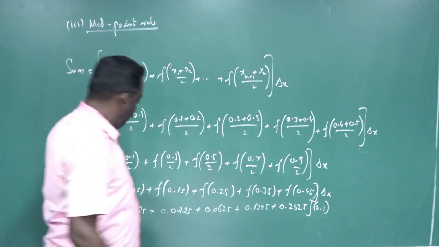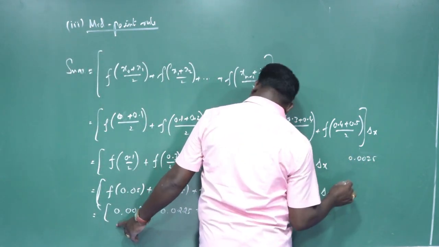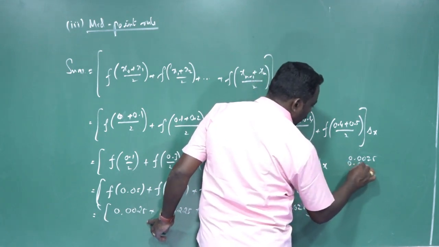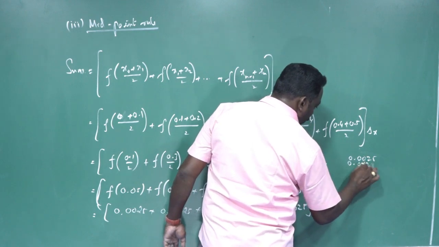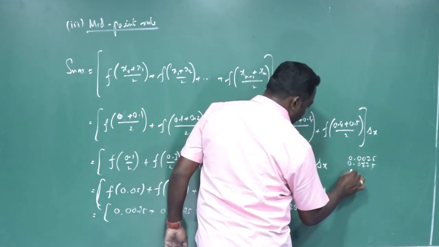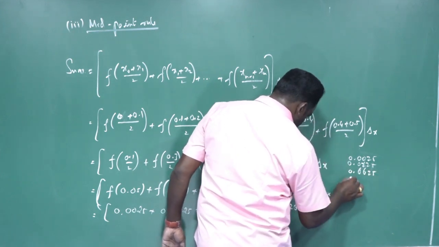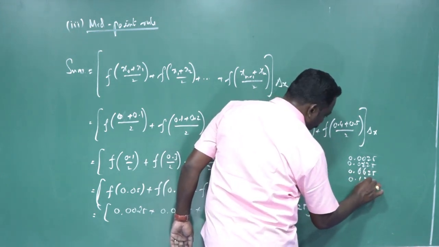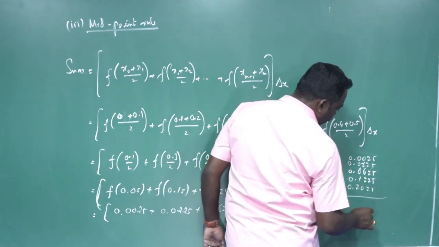Just adding the terms, first one 0.0025, 0.0225, 0.0625, 0.1225, 0.2025. Just sum the values.